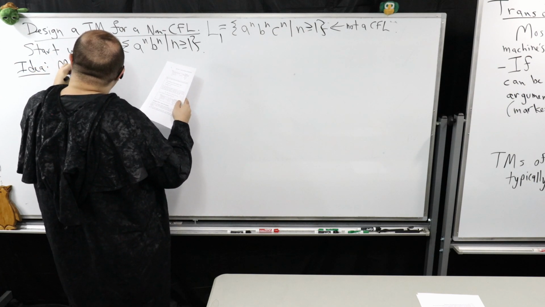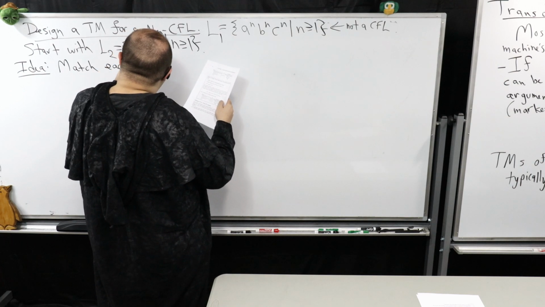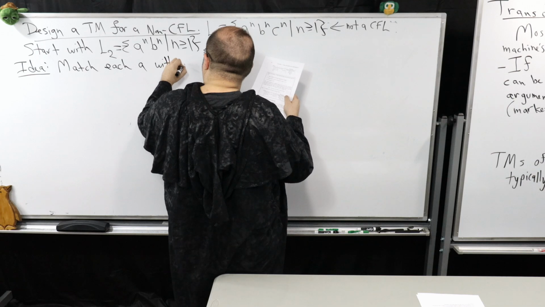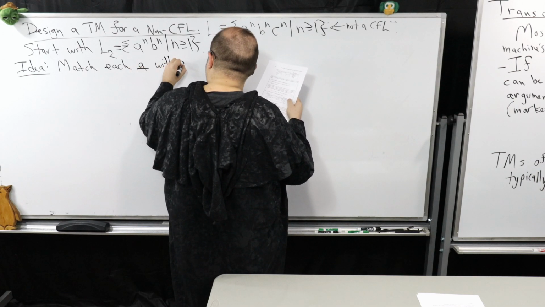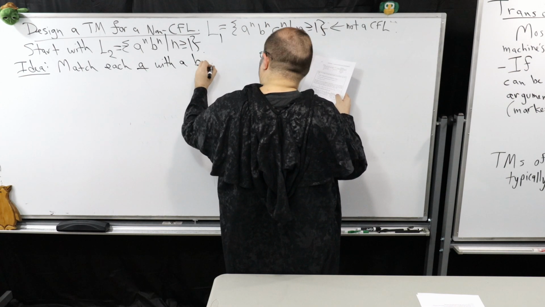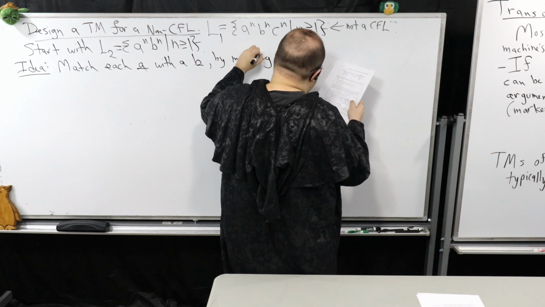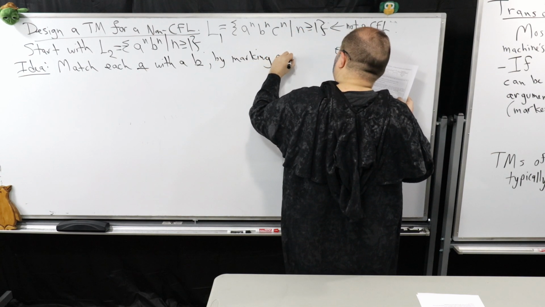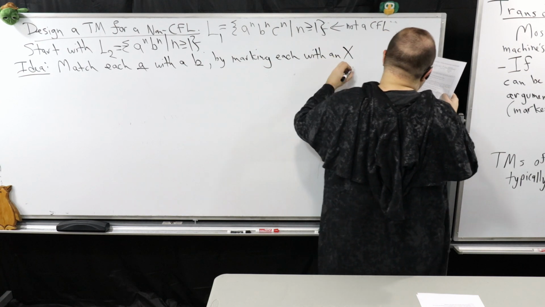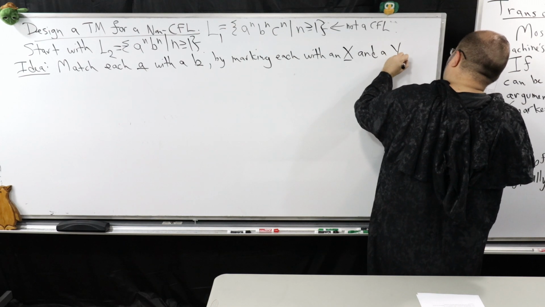We're going to match each A with a B. I'm going to underline the A's and B's to make this a little easier to read. With an A and a B by marking each with an X and a Y, respectively.